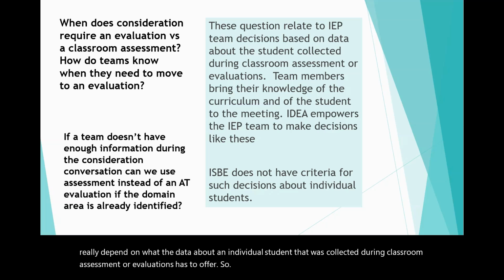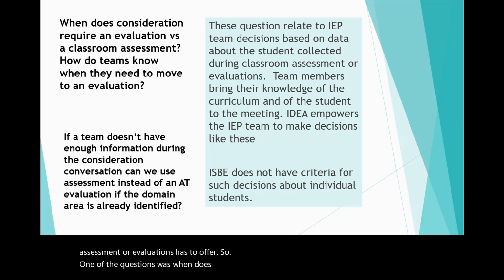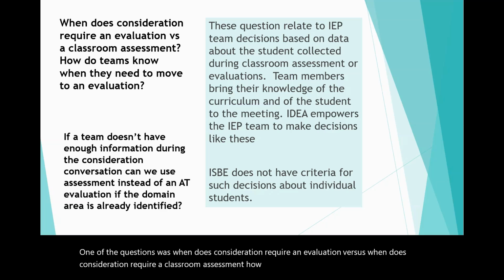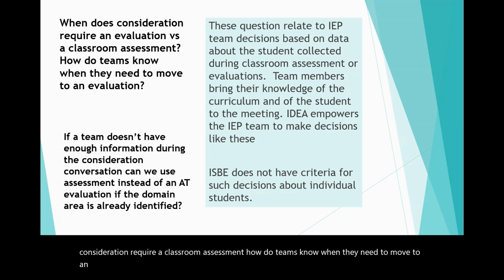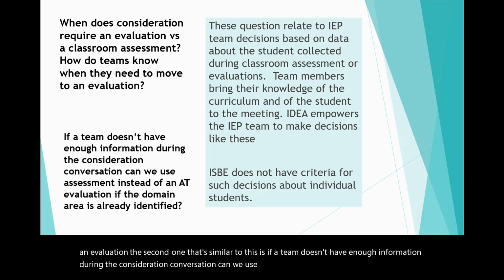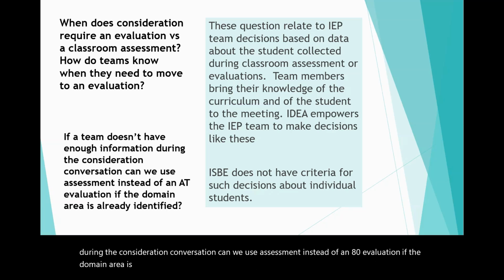One of the questions was, when does consideration require an evaluation versus when does consideration require a classroom assessment? How do teams know when they need to move to an evaluation? The second one that's similar to this is, if a team doesn't have enough information during the consideration conversation, can we use assessment instead of an AT evaluation if the domain area is already identified?